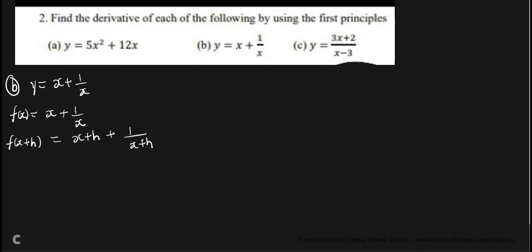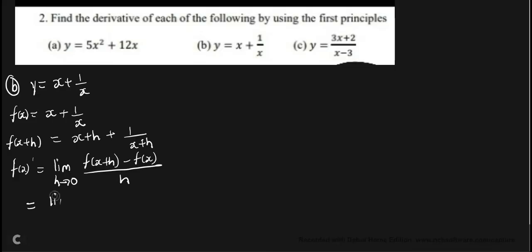Then what's the formula? It's f prime of x equals the limit as h approaches 0 of f of x plus h minus f of x, over h. Now here let's substitute.